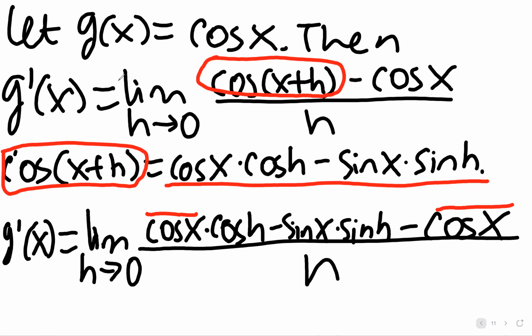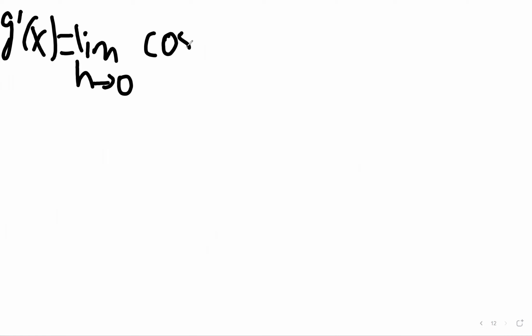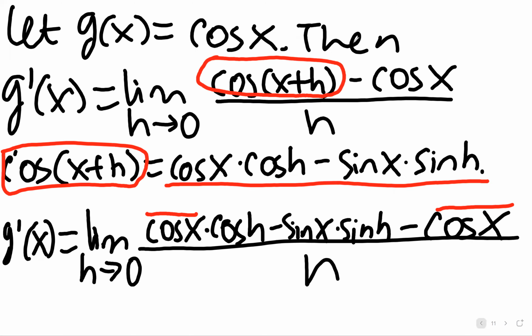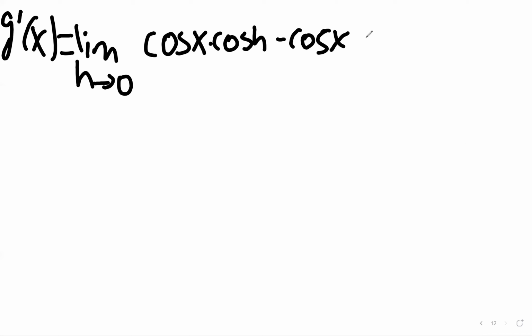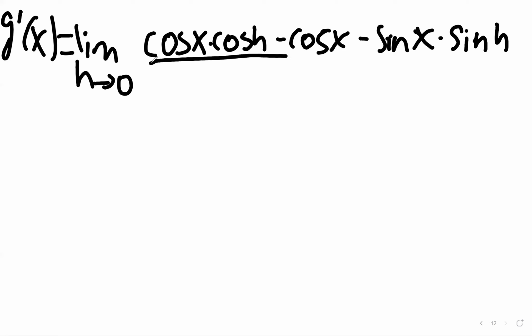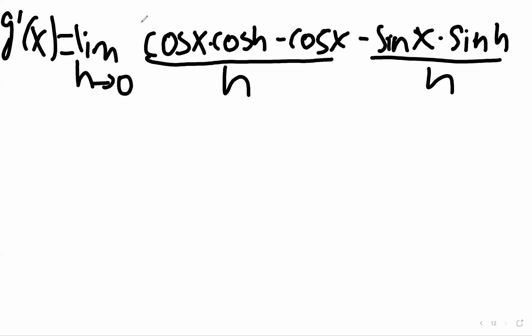The first term I collect with the third term, so I'll have cosine of x cosine of h minus cosine of x, subtract sine x sine h, all divided by h.